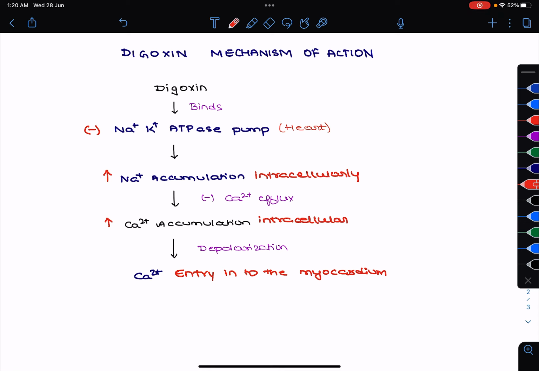This takes place mainly through the voltage sensitive L type of calcium channel.